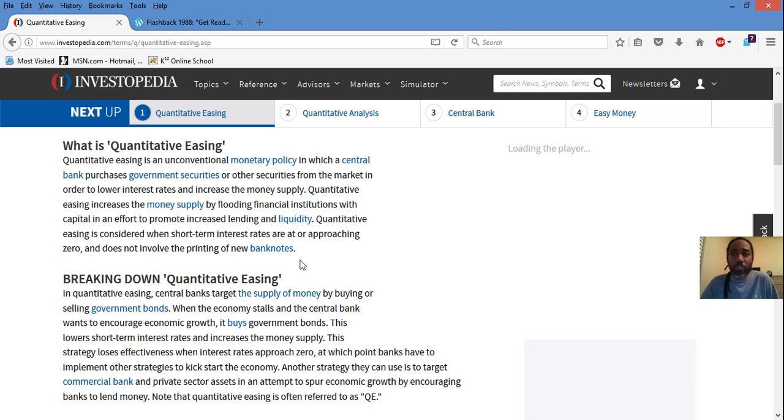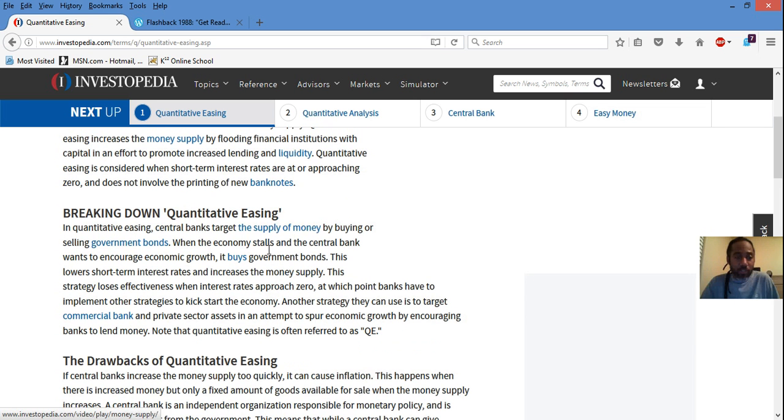Well, that's true, because the truth be told, we don't have a system where it's 100% cash. Most of the transactions we do are digital, so they don't necessarily have to print new banknotes. They can actually manufacture this money digitally and pump it into the system without even creating one new note. So that is true.